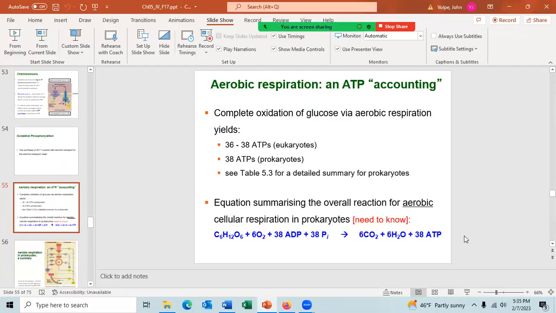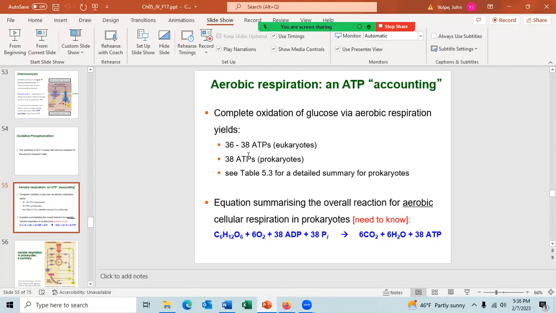All right, so in aerobic respiration, when we add in the ATP made in glycolysis, the preparatory step and the Krebs cycle, and then the electron transport chain, we make 36 to 38 ATP molecules.